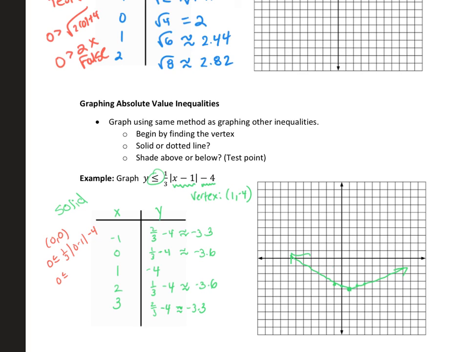Absolute value of -1 is 1. 1 times 1/3 is 1/3, minus 4. And so we have to figure out, is 0 less than or equal to 1/3 minus 4? And that is false. So we know that (0, 0) is not included in the solution set, so I'm going to be shading below this absolute value inequality.